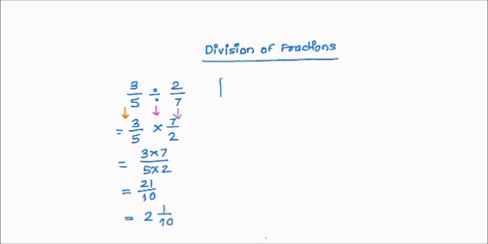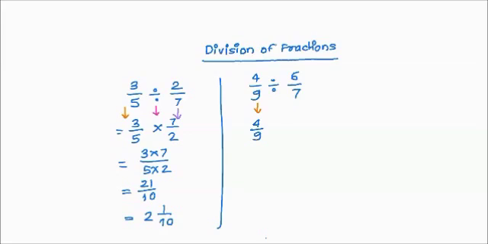Let's take one more example. 4 upon 9 divided by 6 upon 7. So what we are going to do, first step, take this down as it is. So it comes 4 upon 9. The dividend comes down as it is.